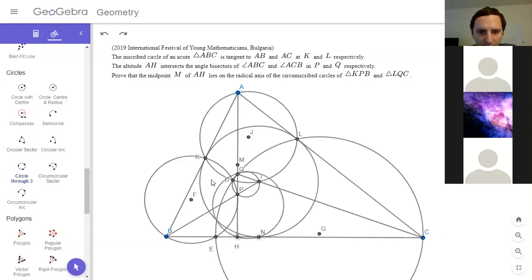Let's see something. I'm trying to use the power ratio on that.